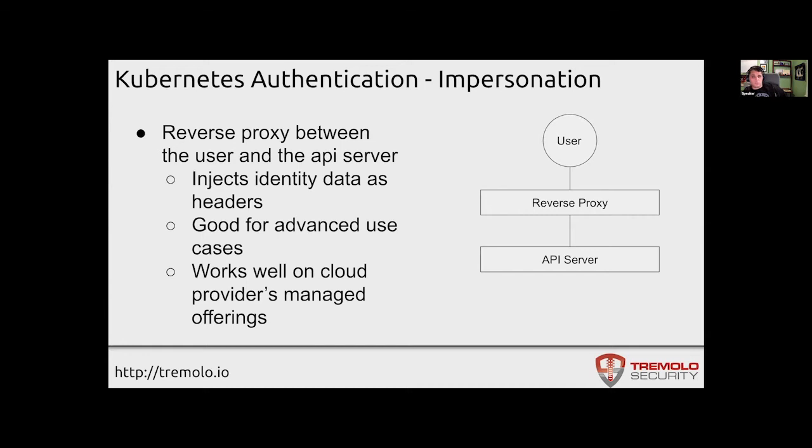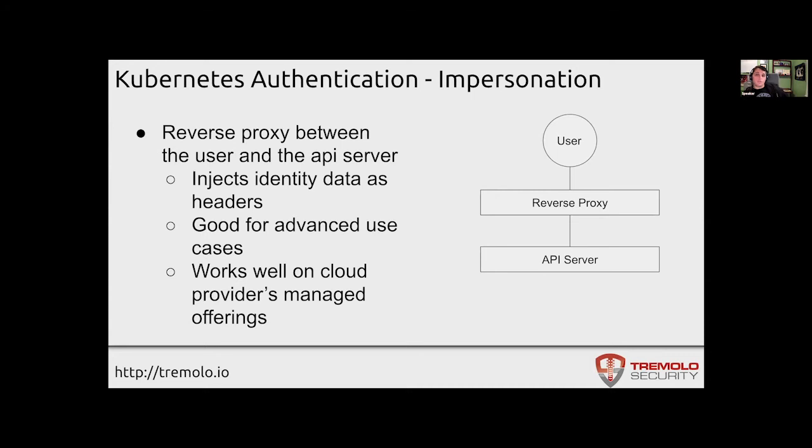So it's the identity of the proxy, not the identity of the user, plus a bunch of headers that will say, hey, instead of doing stuff on my behalf, the reverse proxy, do it on behalf of this user with this group identity. So this works really, really well for a lot of different use cases.